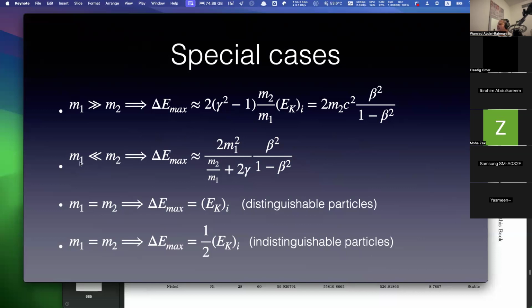And this is the case for M1 much less than M2. This is the formula. However, when M1 equals M2, the maximum energy transfer is just going to be the kinetic energy if we have distinguishable particles, and equal to one half of the kinetic energy when we have indistinguishable particles.